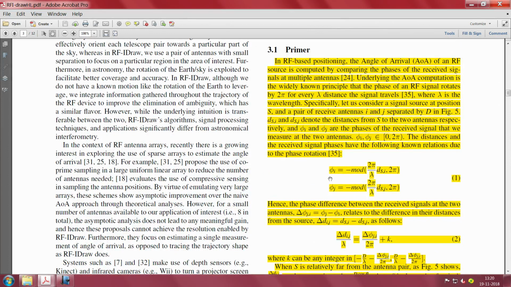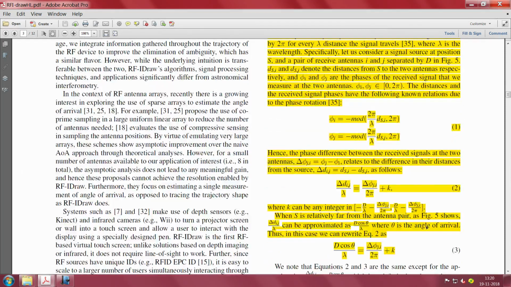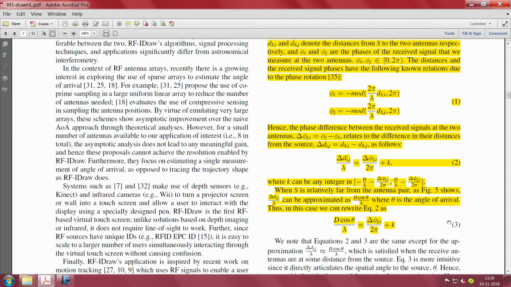You can calculate phi I this way and phi J this way; both are identical, as you can see, except that this is DSI and this is DSJ. Then you find the phase difference phi J minus phi I and relate it to the path difference between the two signals, and you come up with this expression: D cos theta by lambda is equal to the phase difference between the J and I antenna positions, with some constant k here.